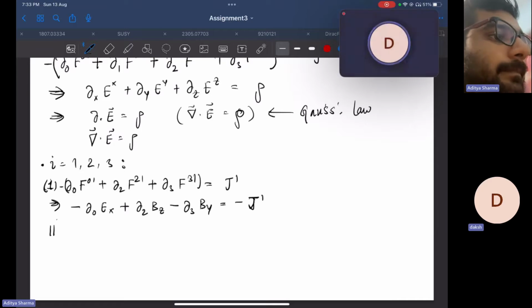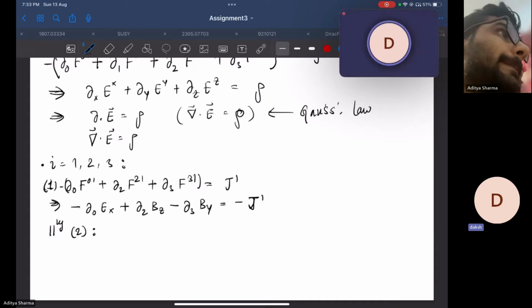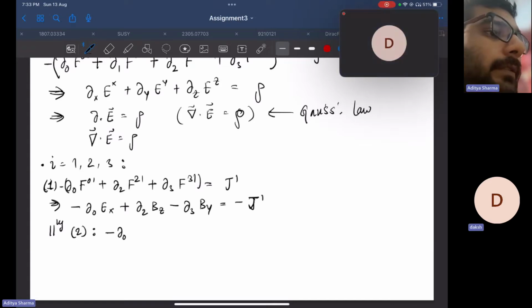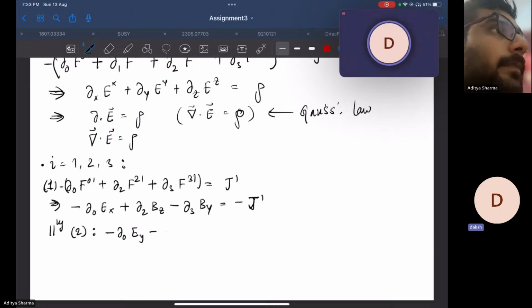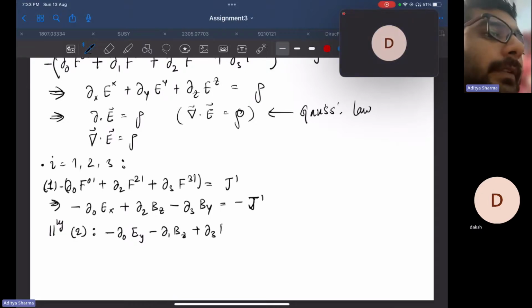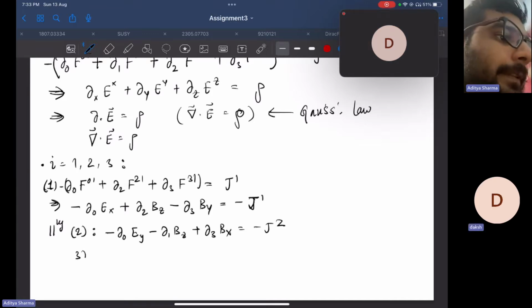Similarly, if you do it for 2, you will get minus D0 Ey, minus D1 Bz, plus D3 Bx, and likewise for 3.